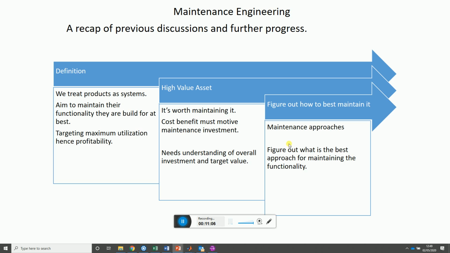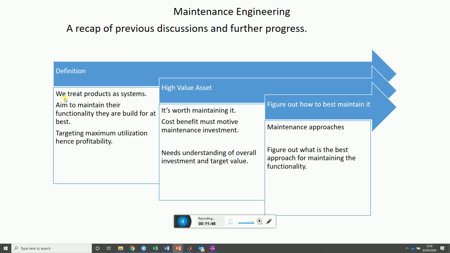So the key thing here to understand is it's got to be a worthy asset. We have to be able to identify that system as a high value asset to start thinking about whether maintenance is worth it, and about maintenance strategy. Right? So from where we left, we agreed we deal with systems. We deal with functionality of the system.